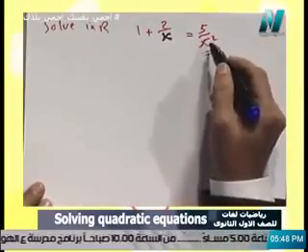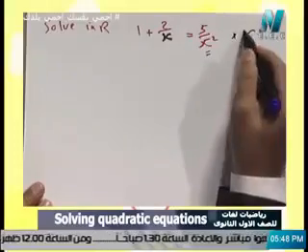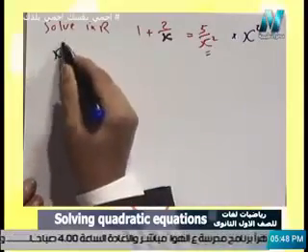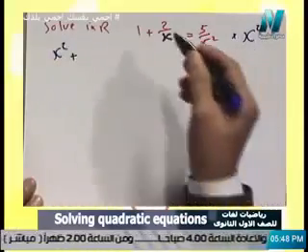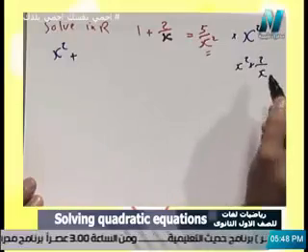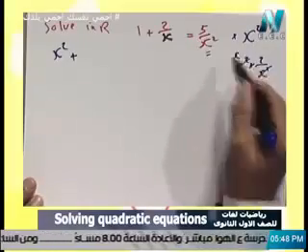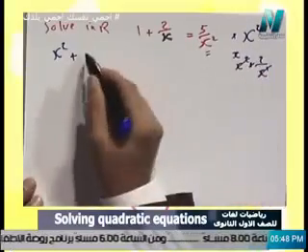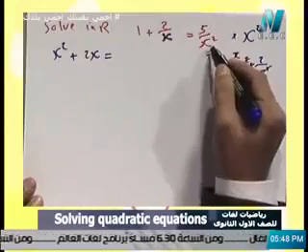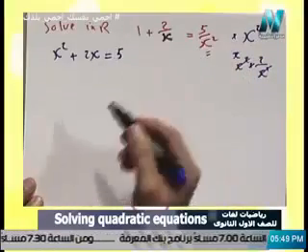To omit x power 2 and x, we multiply the whole equation by x power 2. When we multiply x power 2 by 1, the answer will be, of course, x power 2, plus x power 2 times 2 over x. Here, x power 2 times 2 over x: cancel power 1 with 1x, the answer will be x, and x times 2 equals 2x, equals 5 over x power 2 multiplied by x power 2, which cancel each other, and the answer will be 5.